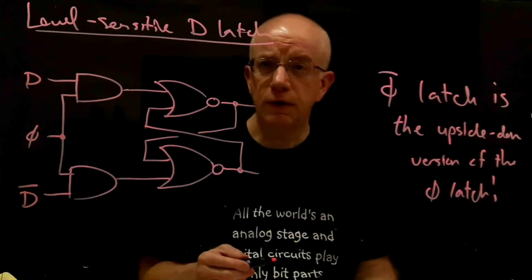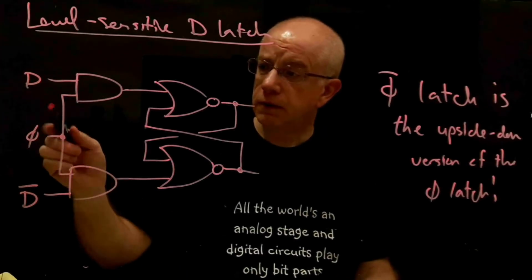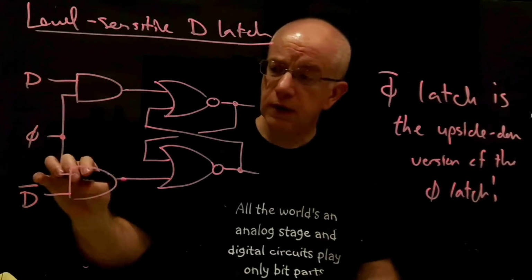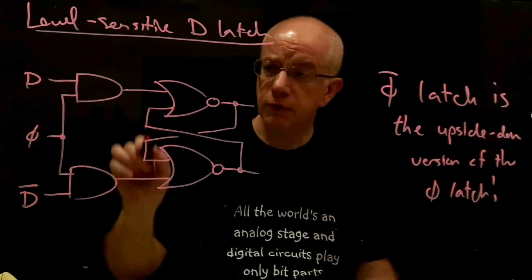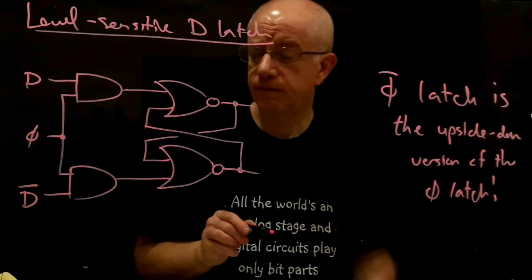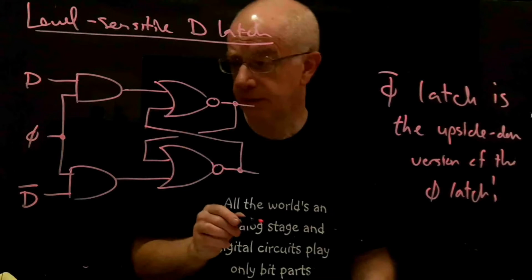And the idea here is that when phi is low, these AND gates will present just zeros to the set and reset inputs of this SR latch, effectively.